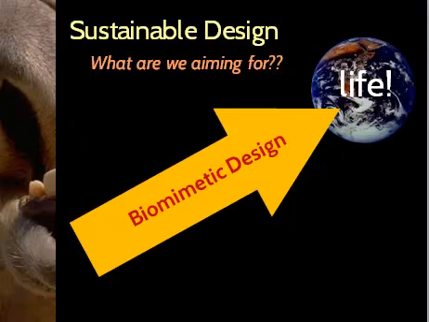If you remember, we covered this stuff back in week 3 when we talked about nature's design principles, and if you recall we talked about what sustainable design is really about and what we're aiming for, and the aim of biomimetic design is to support life on Earth.